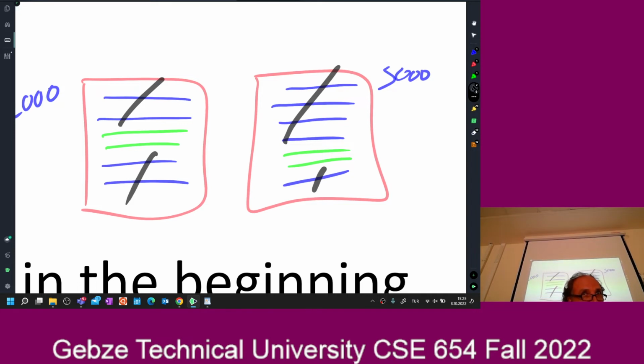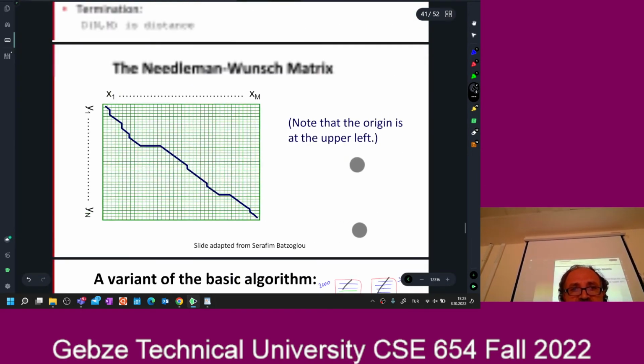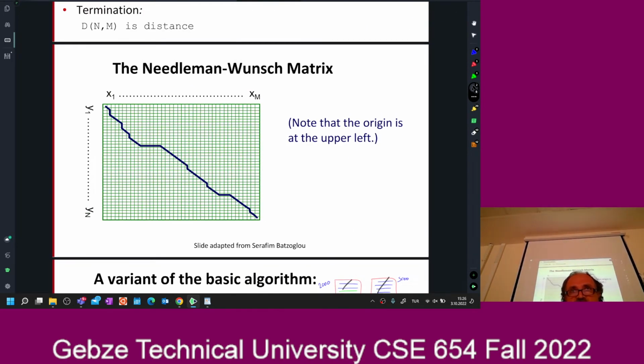We can use a threshold, like if there is under 10% or 20% similarity, we can ignore. How are you going to do that in this kind of a graph, in this kind of a structure? Maybe we keep the cost somewhere.